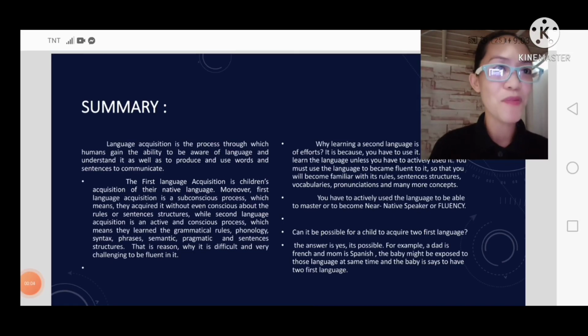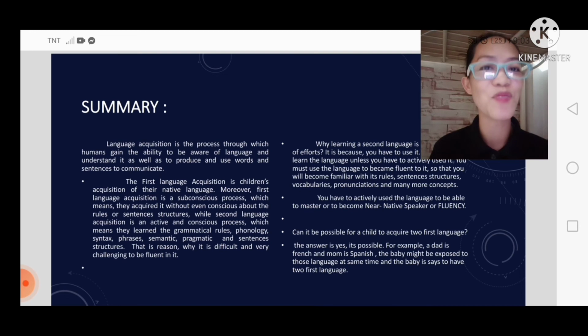As for the summary of this presentation, language acquisition is the process through which humans gain the ability to be aware of language and understand it, as well as to produce and use words and sentences to communicate.